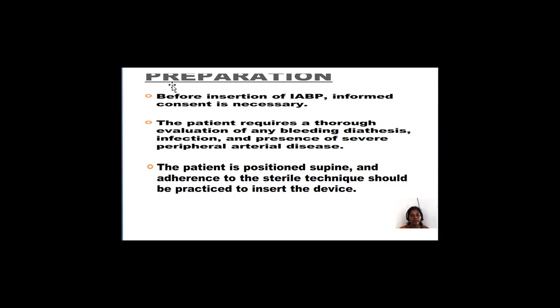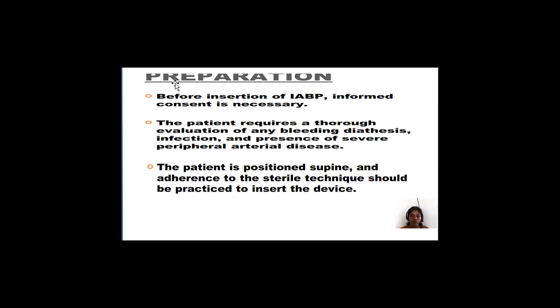Next, we will see the preparation of this surgery. Before insertion of IABP, we have to get consent from the patient and we have to check thoroughly whether there is any infection or any peripheral arterial diseases or some other bleeding.